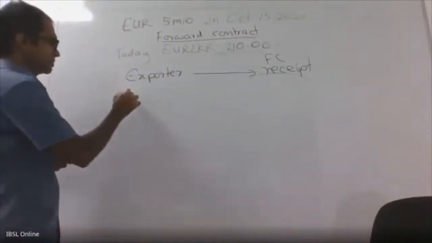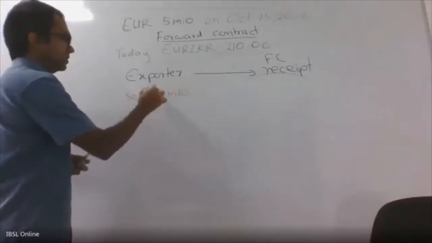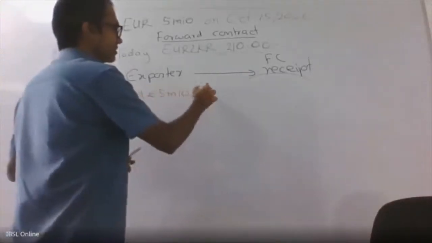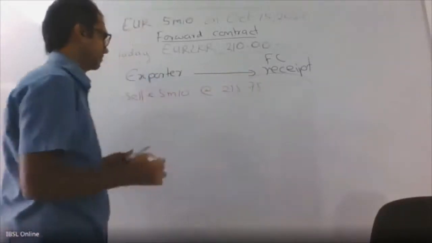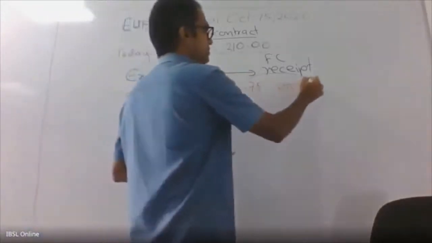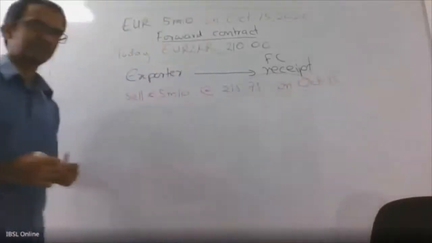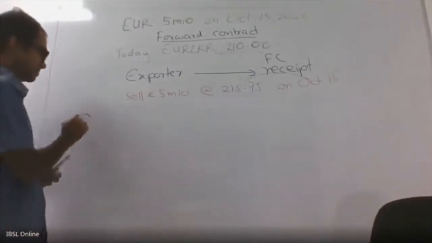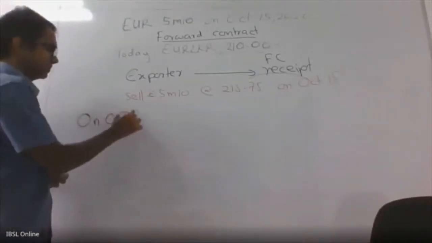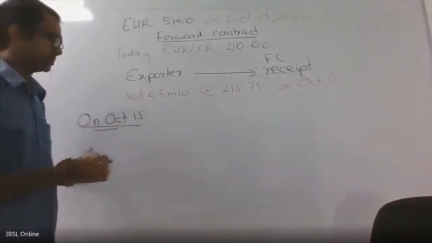The exporter agrees to sell 5 million euro at 215.75 on October 15. Now, on October 15, what would happen?